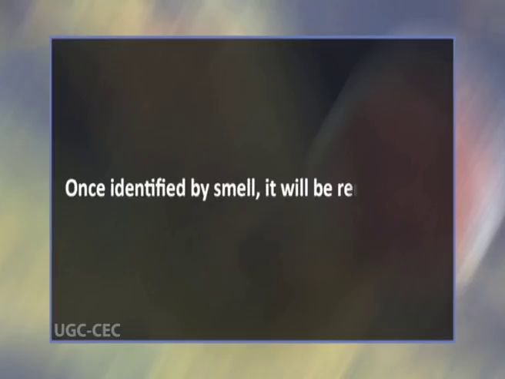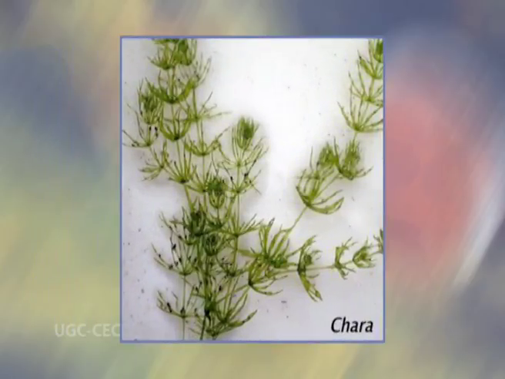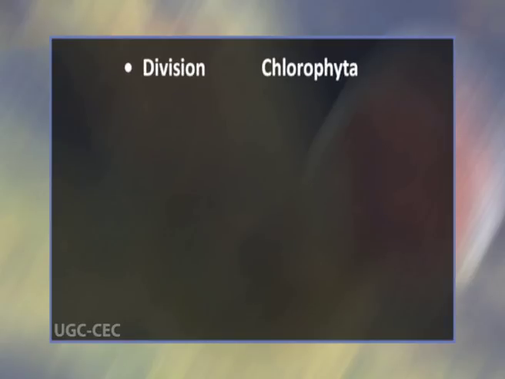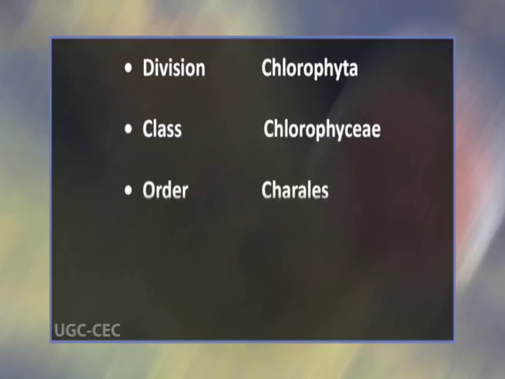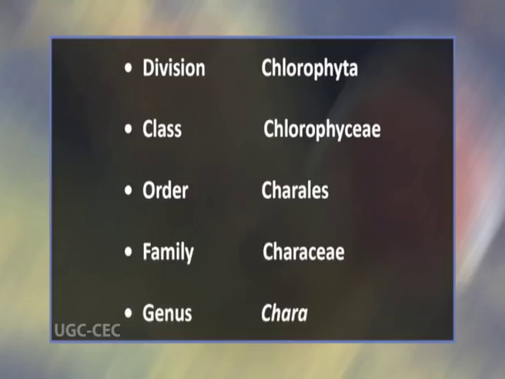Once identified by smell, it will be remembered. This macroalga has no true leaves, only branches and branchlets are present. Now coming to the classification of Chara, it belongs to division Chlorophyta, class Chlorophyceae, order Charales, family Characeae, and genus Chara.